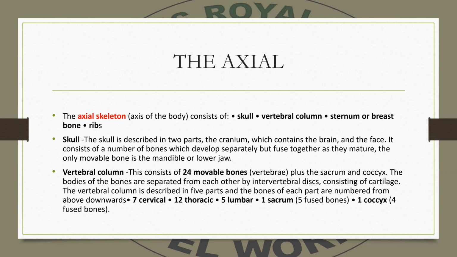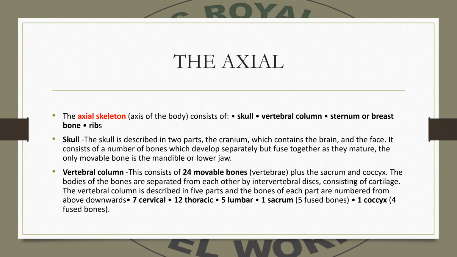Between these bones are intervertebral discs that consist of cartilage. When they inject a needle in between the discs, into the fluid found inside, known as the cerebrospinal fluid, they get that fluid to check for any infections and so on. Puncturing the lumbar vertebrae is what is known as the lumbar puncture.